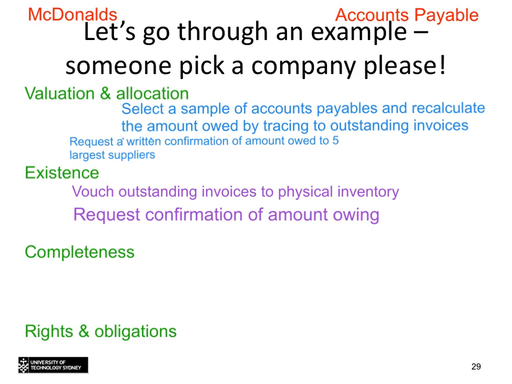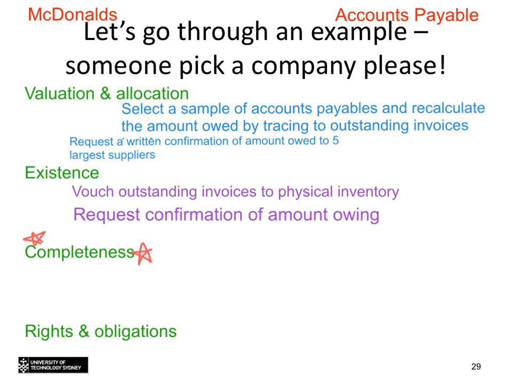All right. What about completeness? This is probably the big one. If I had to think about issues around accounts payable and which one is really going to be at risk, then I'd really think that completeness might be one of those things, because management's more likely to understate. Okay, so how would I check to make sure that I've recorded all of my accounts payable?